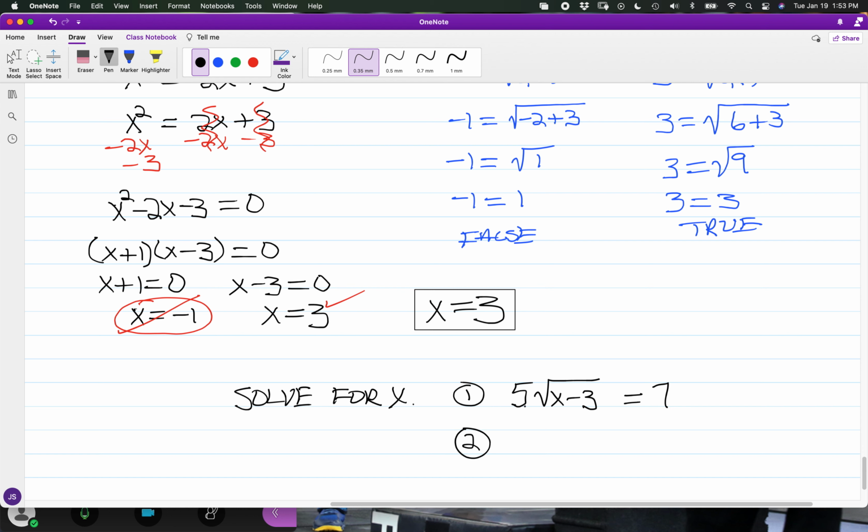And we have also solving for x, whereupon we have that x is equal to the square root of 4x plus 12. Okay. So let's see what we get for x in both of these radical equations.